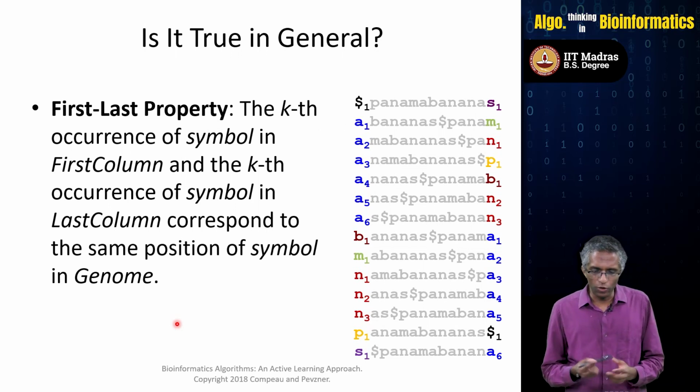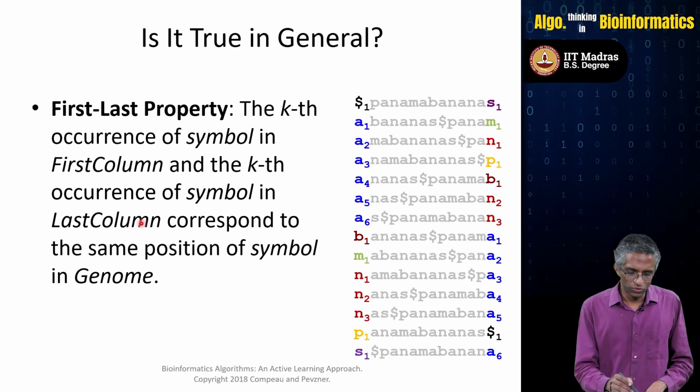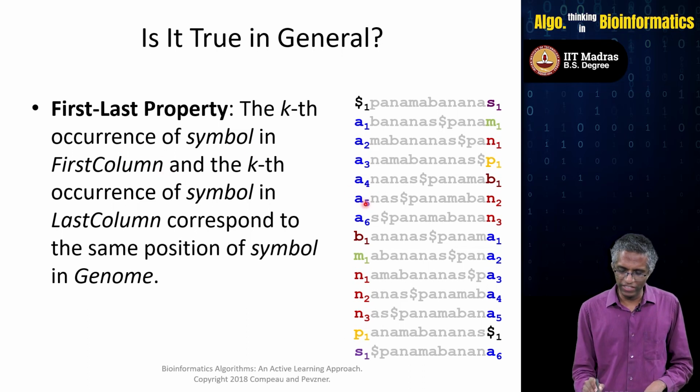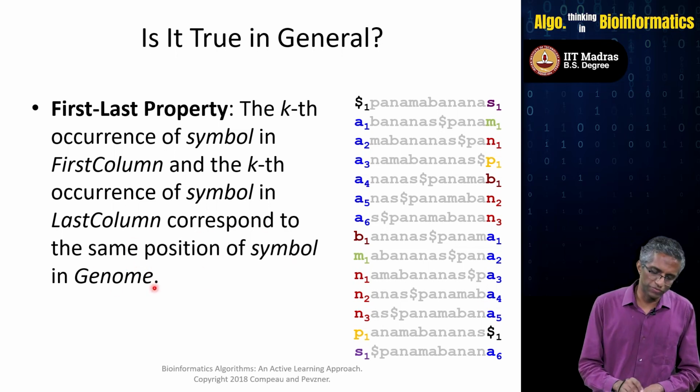But let's make this strange observation more concrete. We will call it the first-last property. The kth occurrence of a symbol in the first column, for instance if k is 5, the fifth occurrence of the symbol A in the first column, and the kth occurrence of the symbol in the last column, the fifth A in the last column, correspond to the same position of the symbol in the genome.